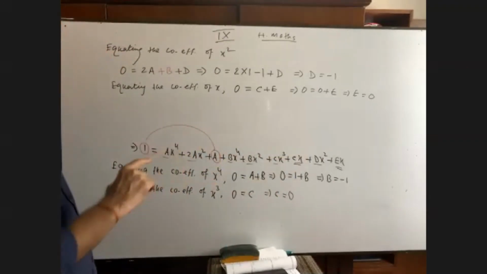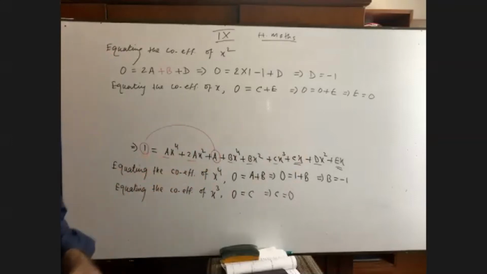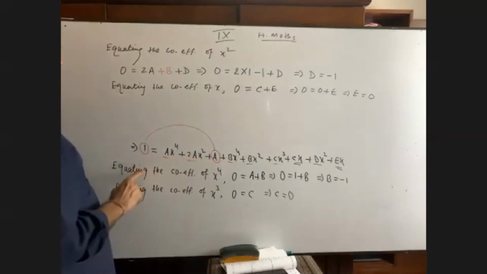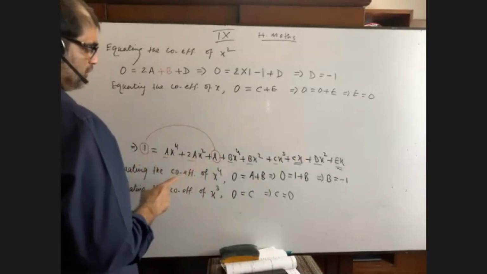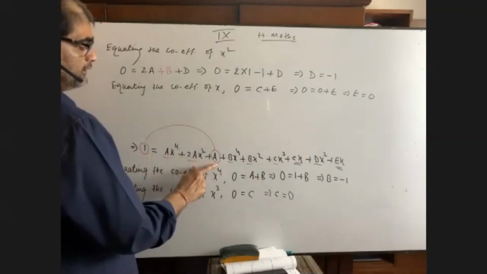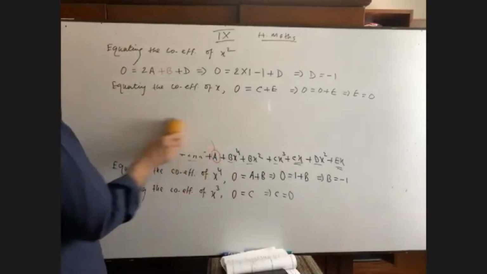Can you remember at first we found a equals 1? Are you getting me? That is, if we equate only constant terms, we will get 1 equals a. So our math is done.